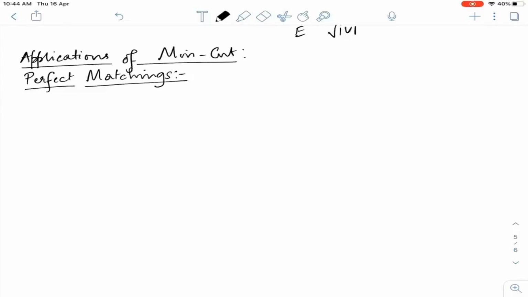So what is a perfect matching? Again, I'm talking about bipartite graphs, so the setting is exactly the same. Let me draw a picture.